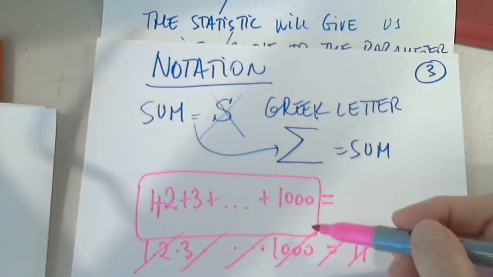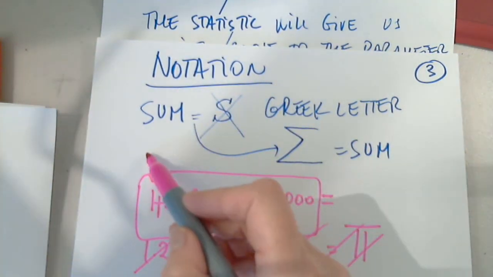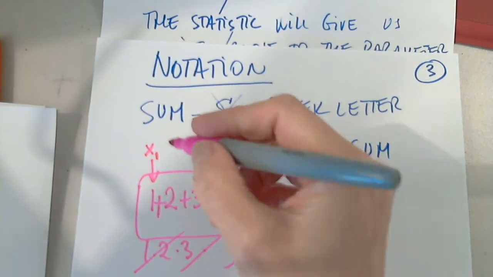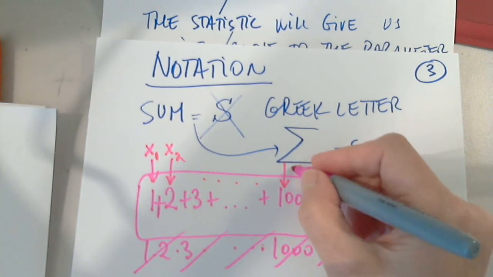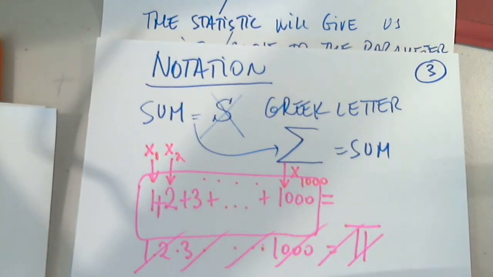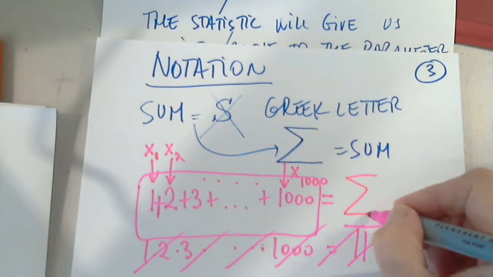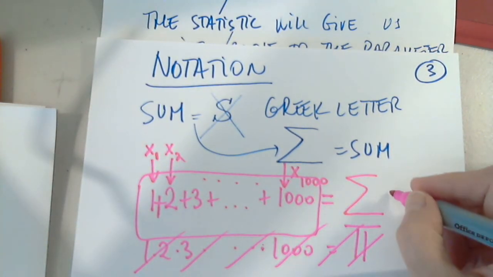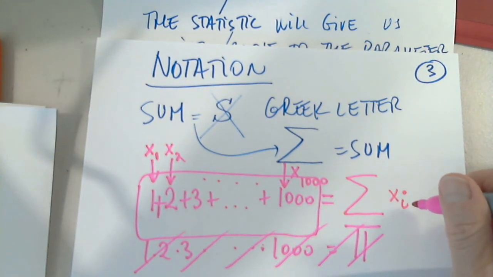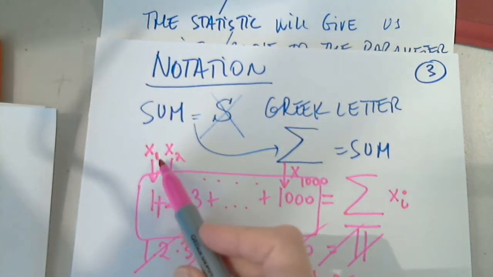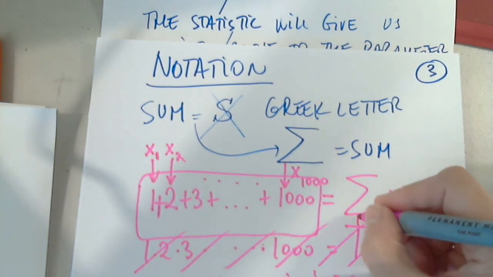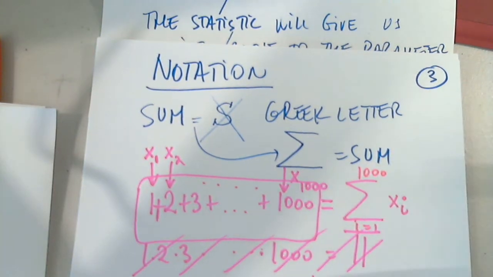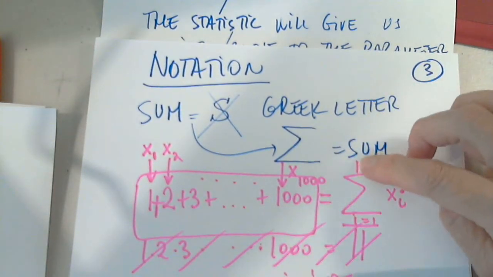So instead of writing all this, I know that this is the first element, x sub 1, the second element, x sub 2, and so on, and this must be the thousandth element. So I will say this is the sum of xi. I is the index, and I goes from 1 for the first element till 1,000, from I equals 1 through 1,000. This is a condensed form of all this sum.